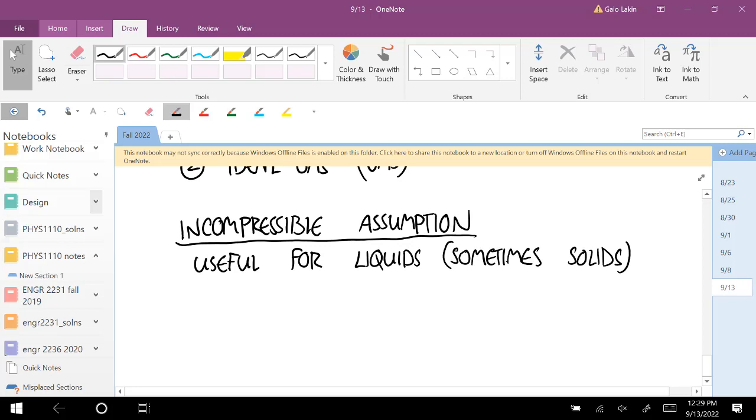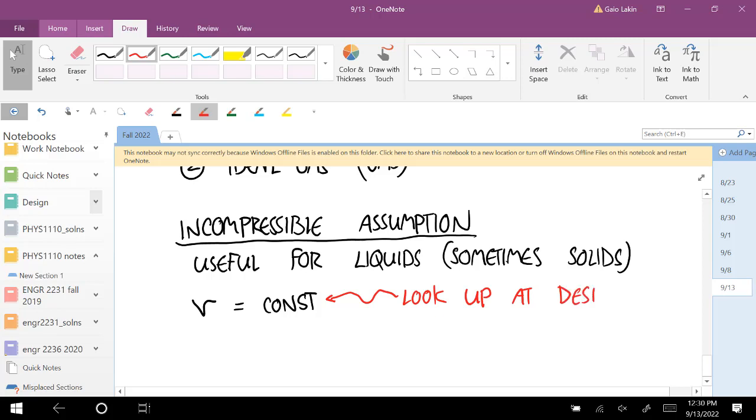So what we're going to assume is that the specific volume is a constant. And that's something you're going to look up at a desired temperature, because the specific volume of a liquid does vary.